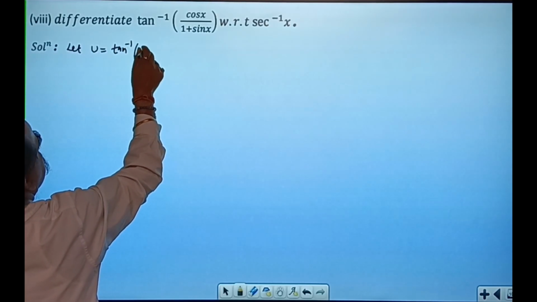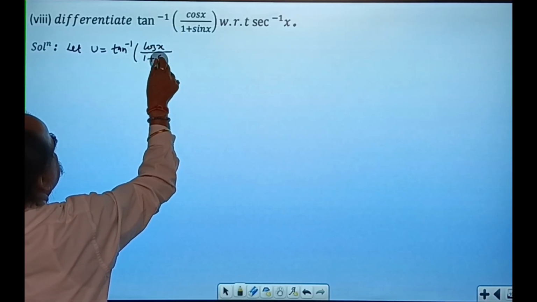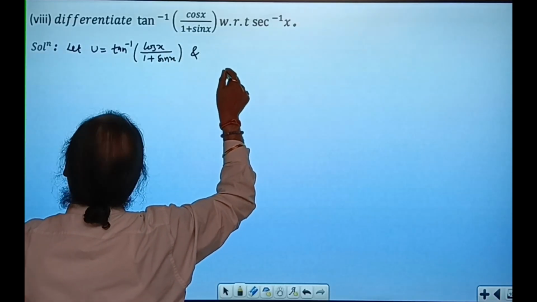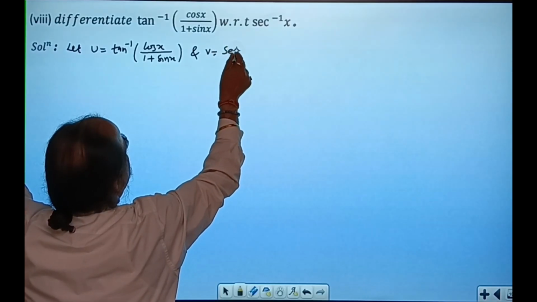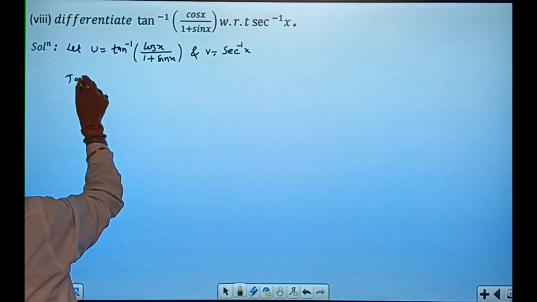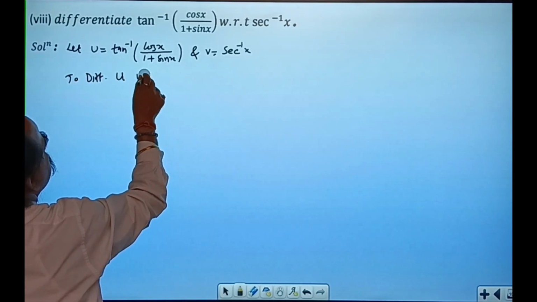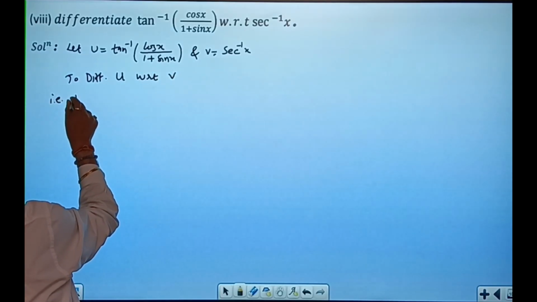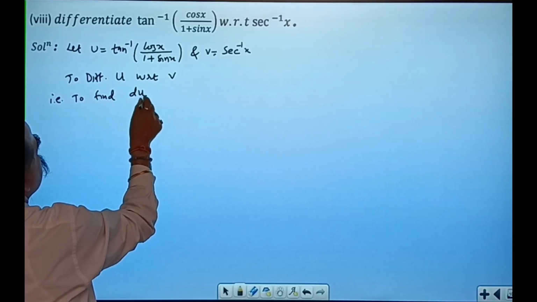Tan inverse cos x upon 1 plus sin x, and v is what? Sec inverse x. To differentiate u with respect to v, that is to find du by dv.